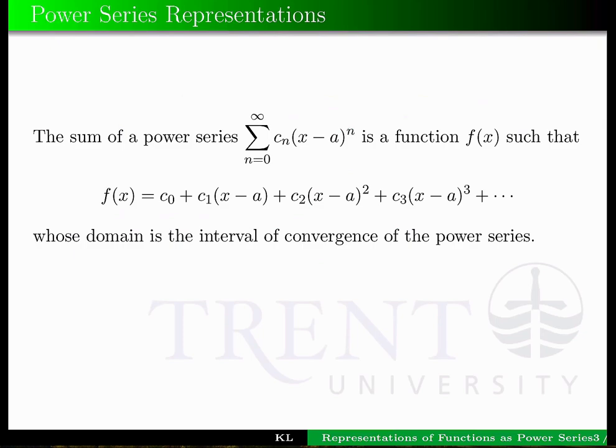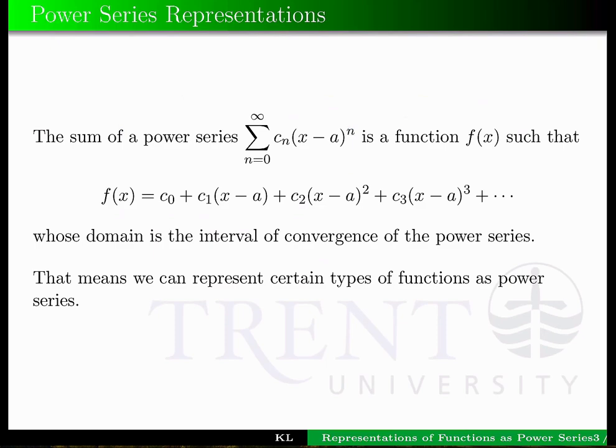Once you have identified that, that interval becomes the domain of your power series as a function. That means we can represent certain types of functions as power series. So like I said, our goal here is to identify some functions which can be written as a power series.